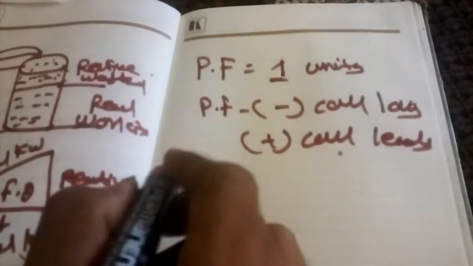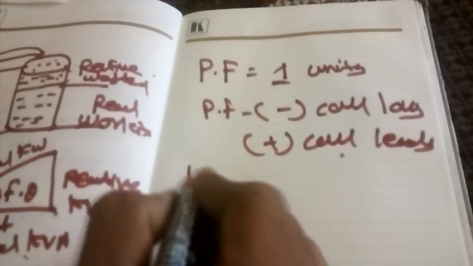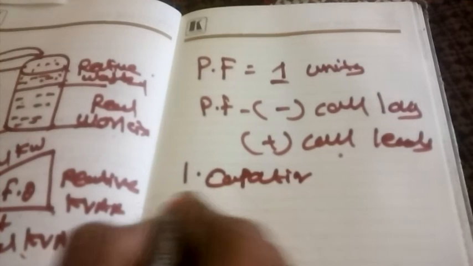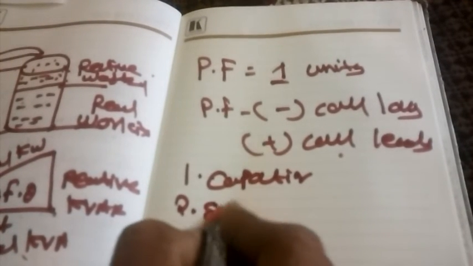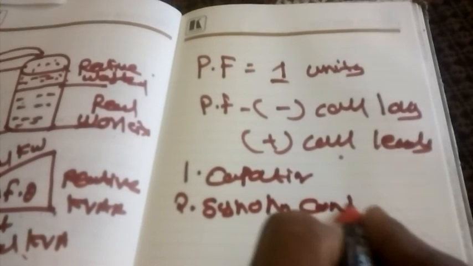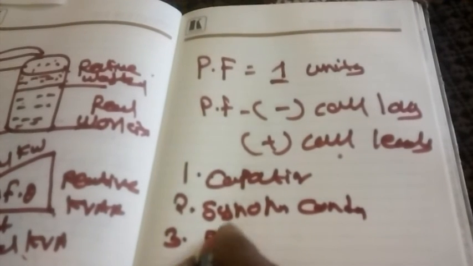We have some methods. What are the methods? First one is capacitor bank. Second one is synchronous condenser. Third one is phase advancer.